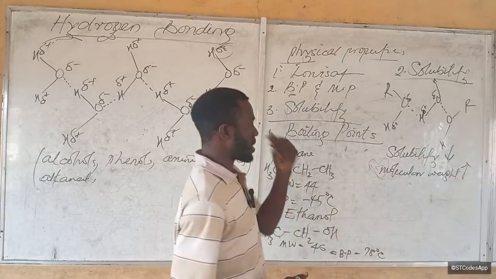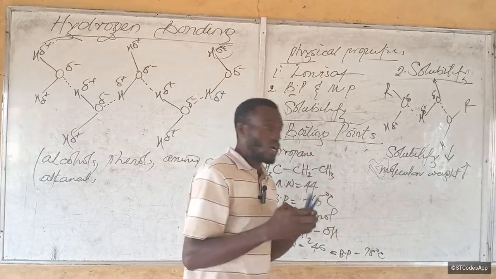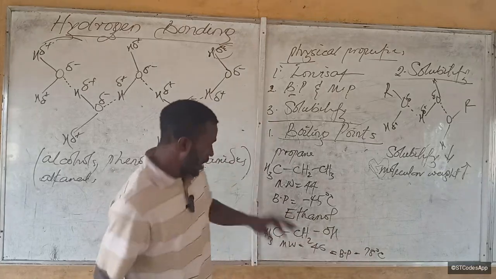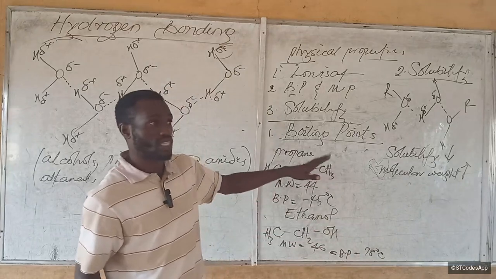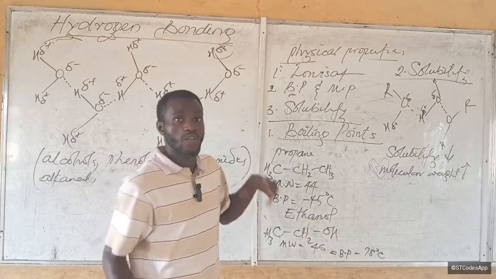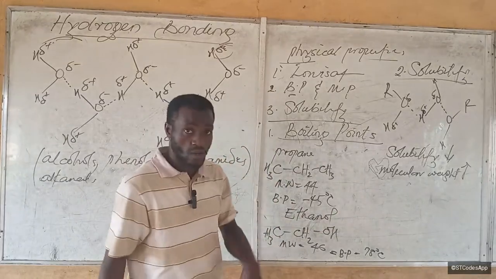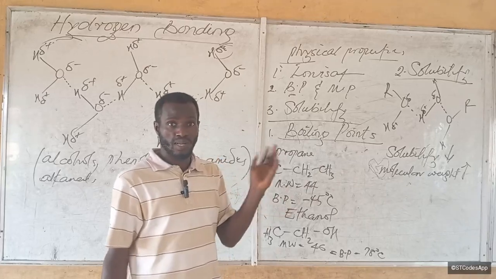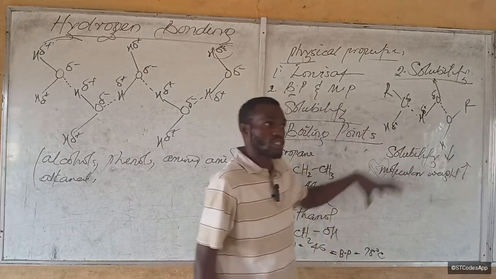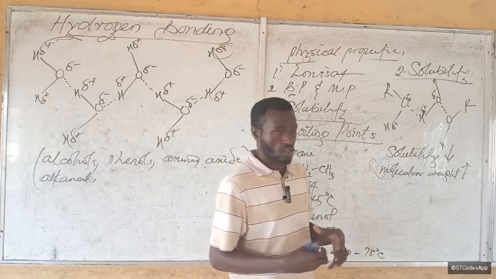What that means is that the more carbon atoms you add to the chain, for example, the solubility value of ethanol will be greater than the solubility value of propanol, which will also be greater than the solubility value of butanol, and so on, using primary alcohols as an example. So the solubility value decreases as you increase the molecular weight of the substance.